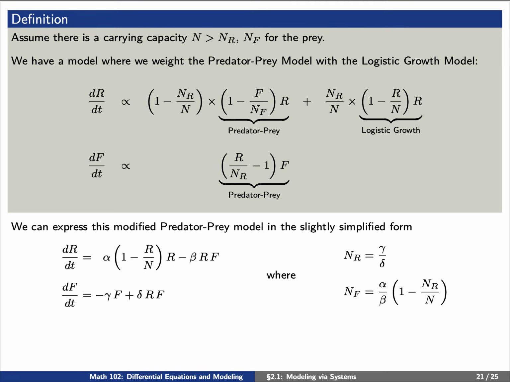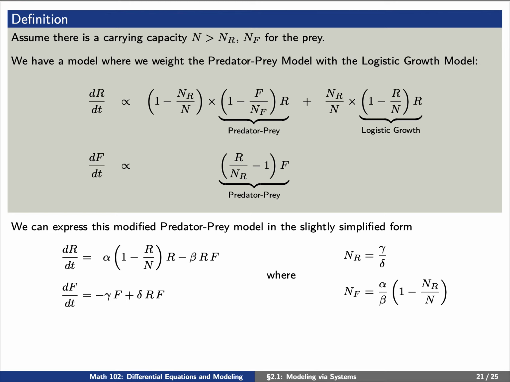Once we play around with the algebra a little bit, we find that we can express this so-called modified predator-prey model in a slightly simpler form. We can write this as dr/dt equals a constant of proportionality alpha times 1 minus r over N times r. Again, remember that N here is the carrying capacity for the rabbits, minus beta times r times f.